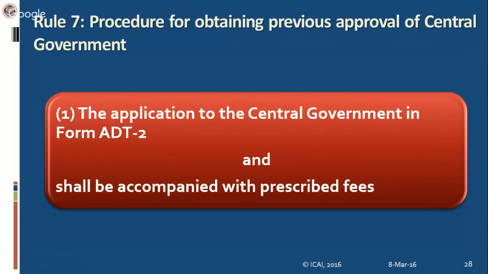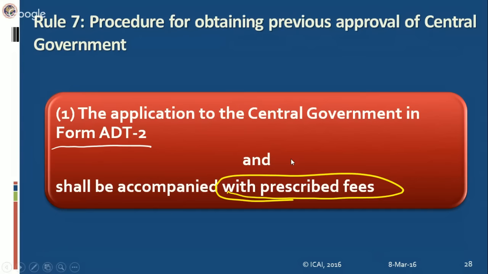Understand that line in full, understand the substance of that section or rule, then convert it so you can easily remember it. So the application to the central government regarding removal of auditor will be made in form ADT2, and shall be accompanied with prescribed fees.